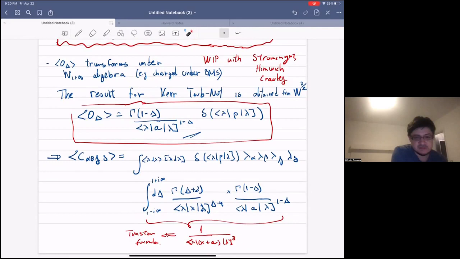So to summarize, what we did was reproduce the Twistor representation of the Kerr black hole, starting from this expectation value.